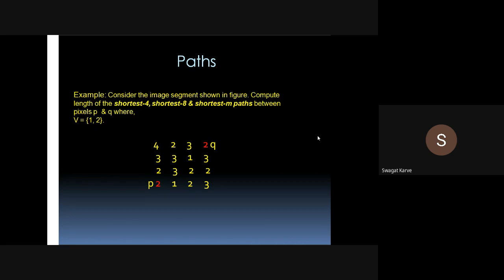So first we check the 4 adjacency, or 4 connectivity. We first travel by 2, then to this one, not this 2, because from this we cannot go further, as we have to choose only the value 1 or 2. Here is 3, so we cannot go to the 3 value. We cannot choose the element above, we have to choose the right element. So we will go to this.